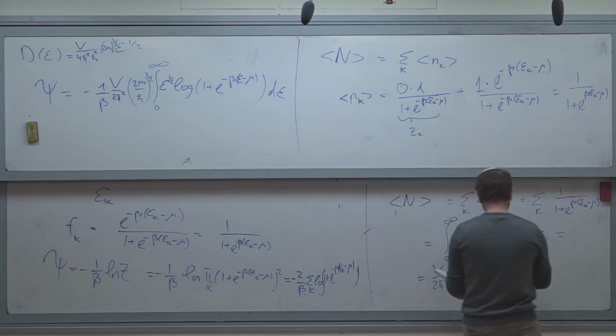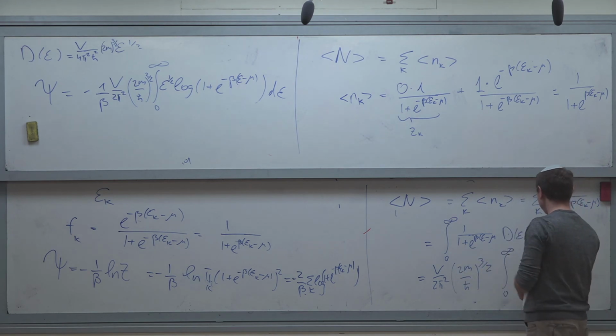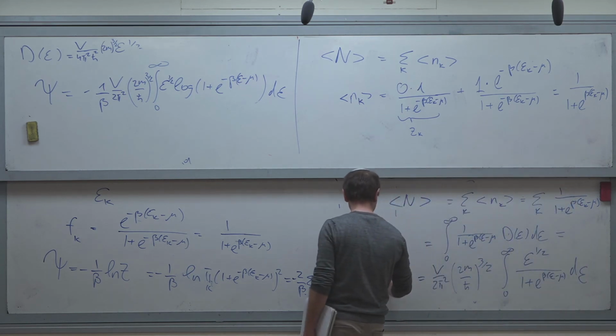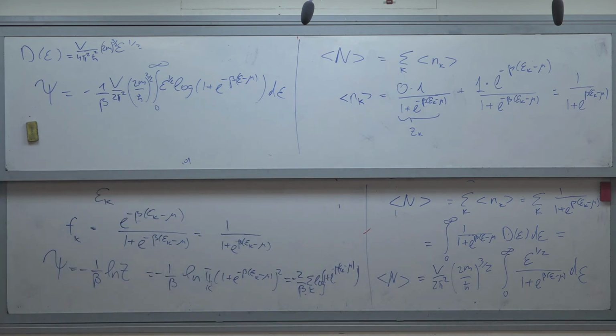And inside we have an integration from 0 to infinity of epsilon to the power 1/2 divided by 1 plus e to the power beta (epsilon minus mu) d epsilon. Okay. This is the average number of particles in our system.